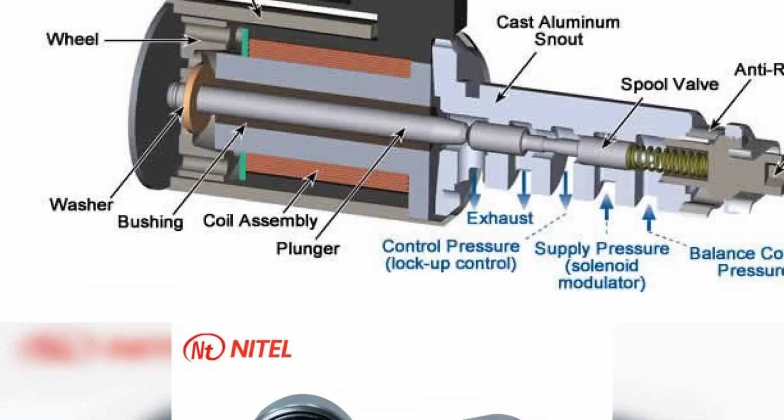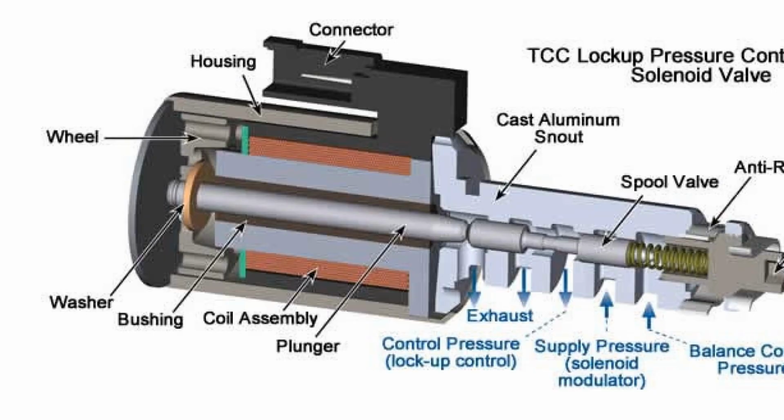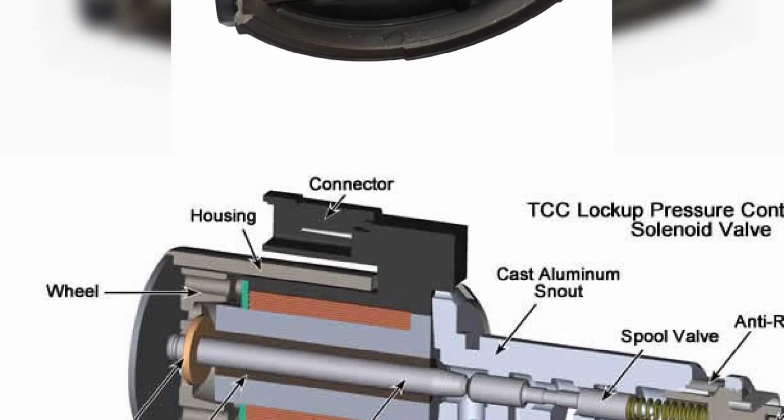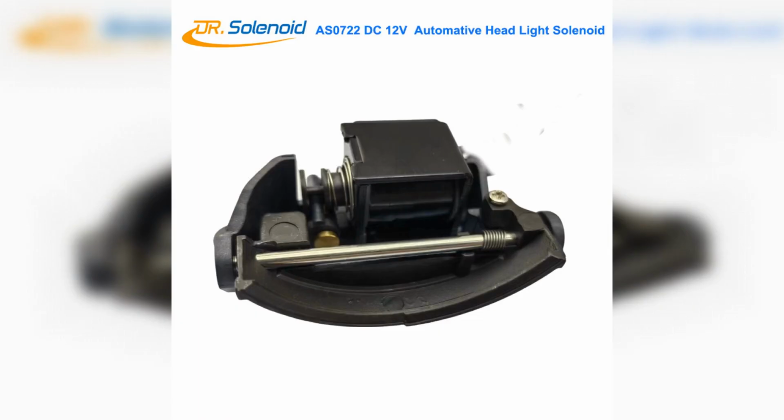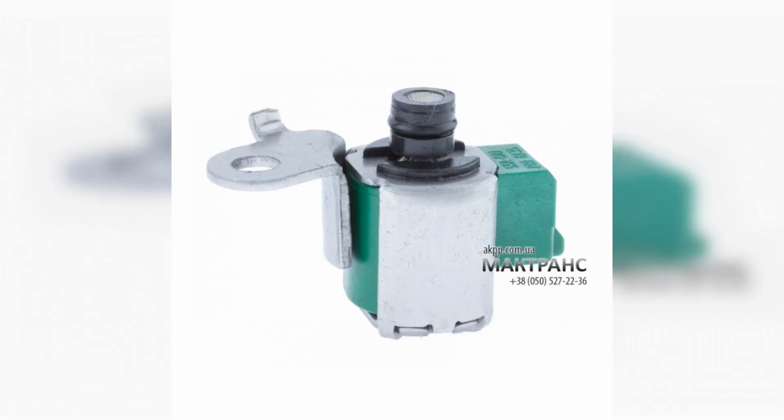Low transmission fluid level. The transmission fluid passages are blocked. Faulty transmission pump or transmission valve housing. Other mechanical faults inside the transmission. Wiring problem or damaged connector. In rare cases, PCM or TCM malfunction.